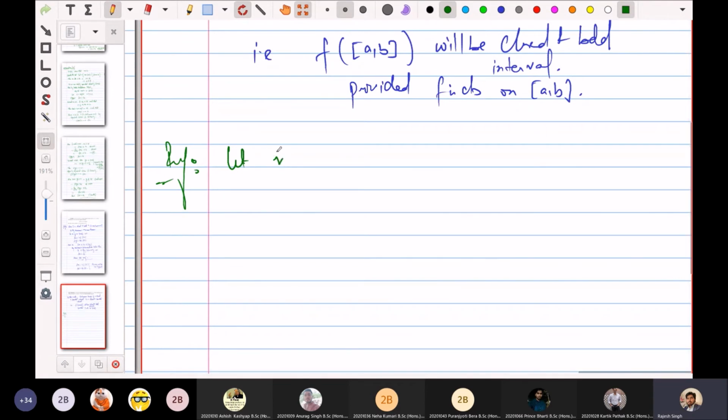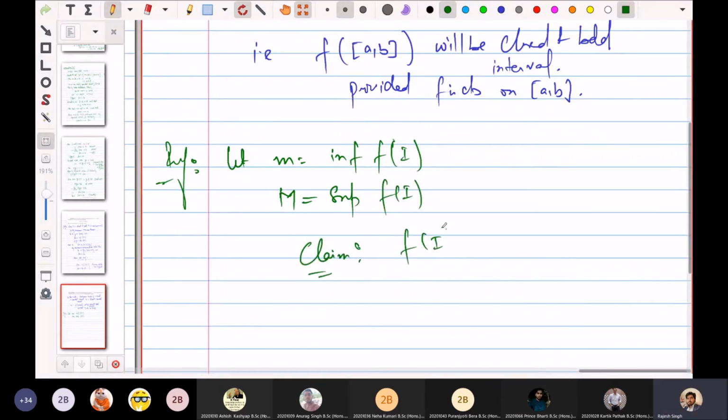So let m equal to infimum of f of I and capital M equal to supremum of f of I. Claim is f of I is equal to the interval [m, M].